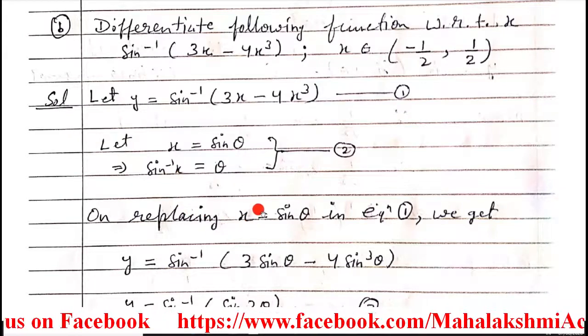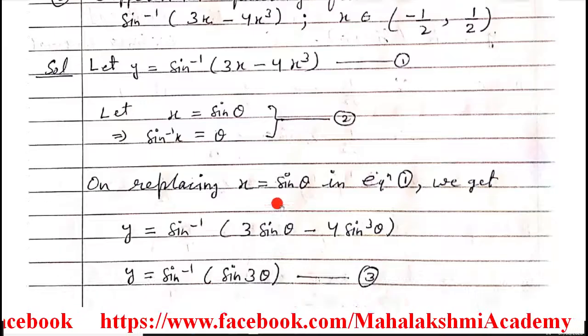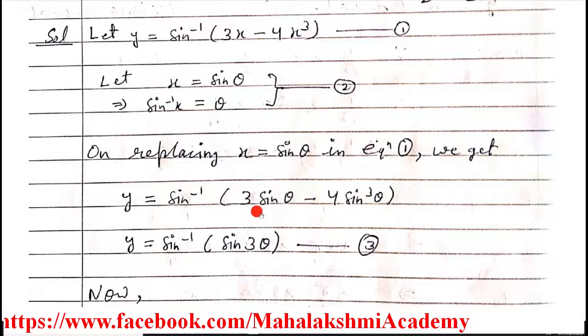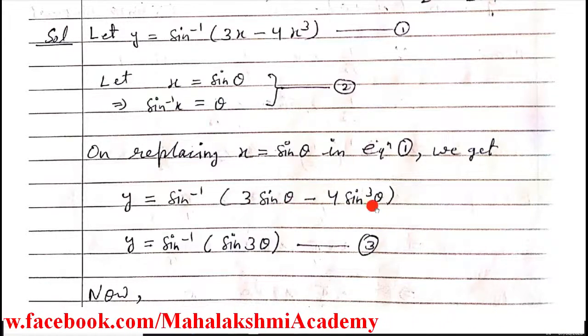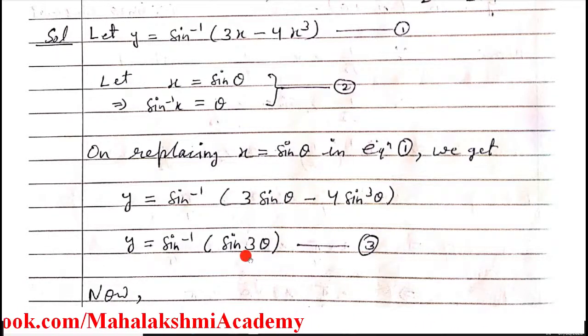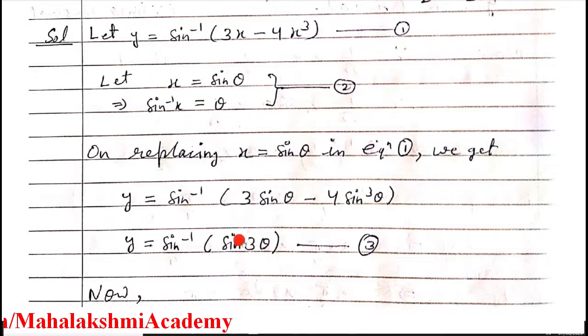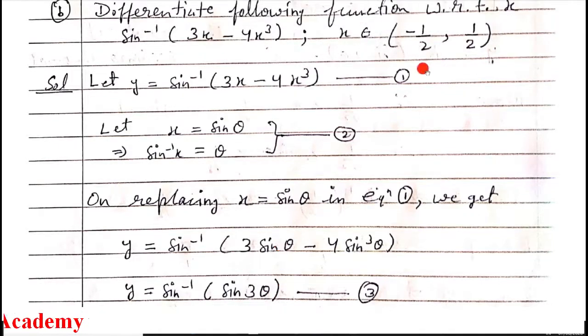Now after replacement, as I mentioned before, it is the formula of sine 3 theta. Now we have to see, can we cancel them or some other thing will come here. So first we have to write this, and then we have to check whether the principal value is satisfied or not.